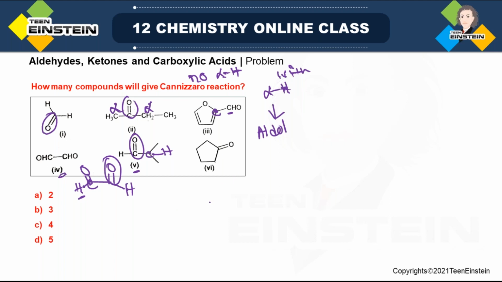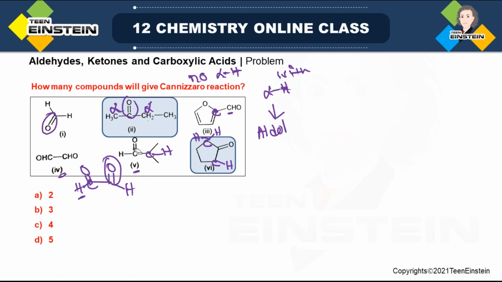Now in molecule number 4, this is alpha carbon, this is alpha carbon. That means alpha hydrogen is present, right? So as alpha hydrogen is present, this will also give the aldol reaction because carbanion generation is possible. Fine. These 2 molecules will not give Cannizzaro.